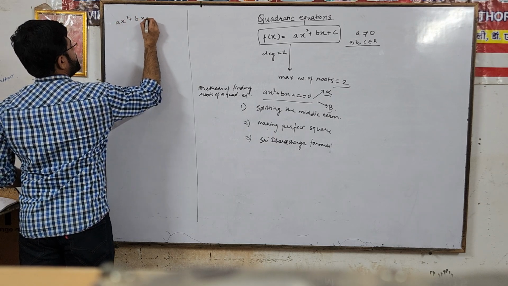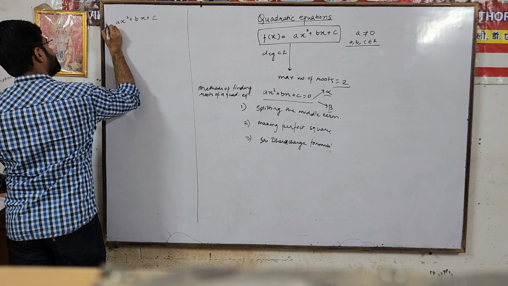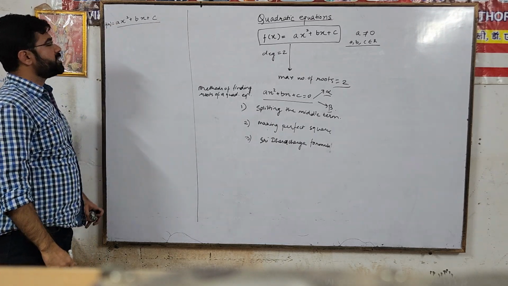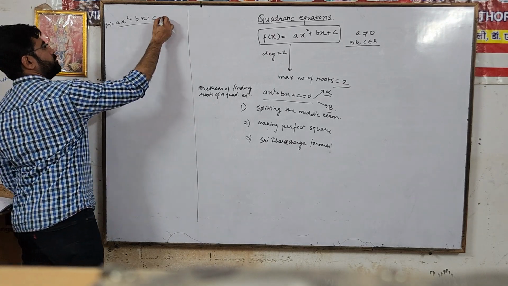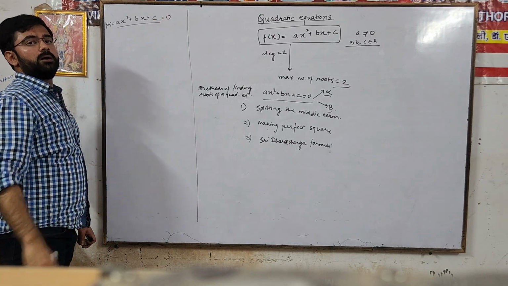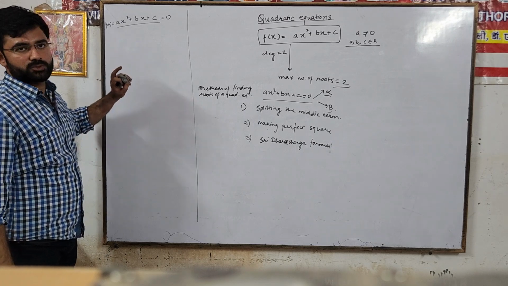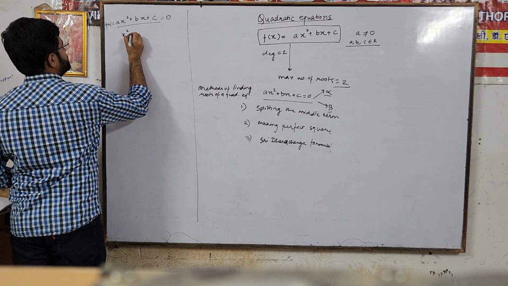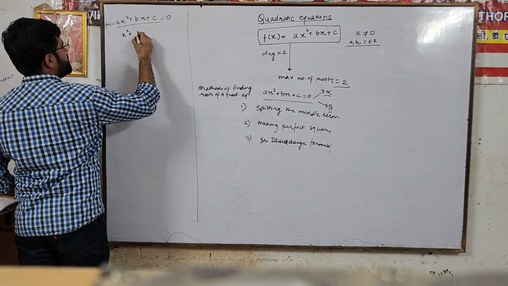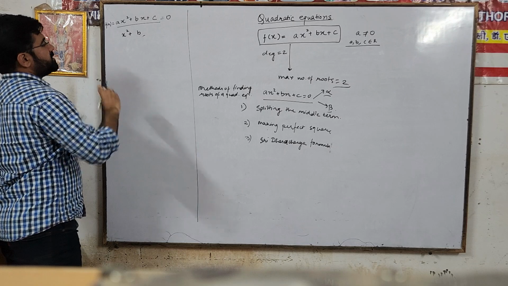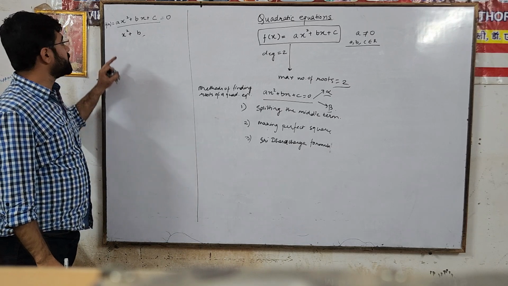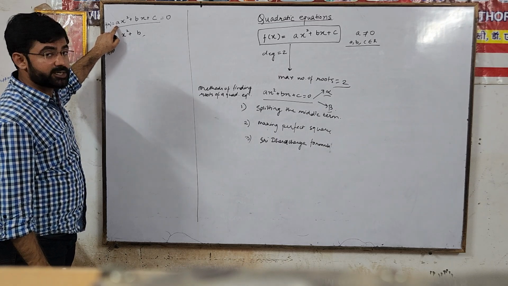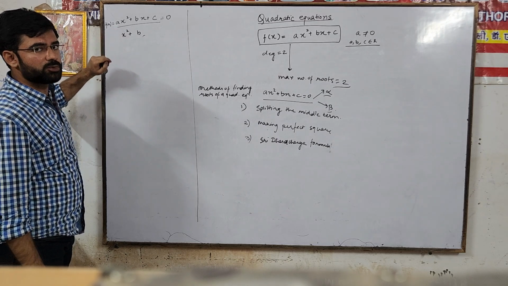I have assumed the general expression ax square plus bx plus c is equal to 0. Now I have to find the roots of this equation by making this a perfect square. I'll tell you a general trick for this. The first step is to make the leading coefficient, the coefficient of x square, equal to 1.